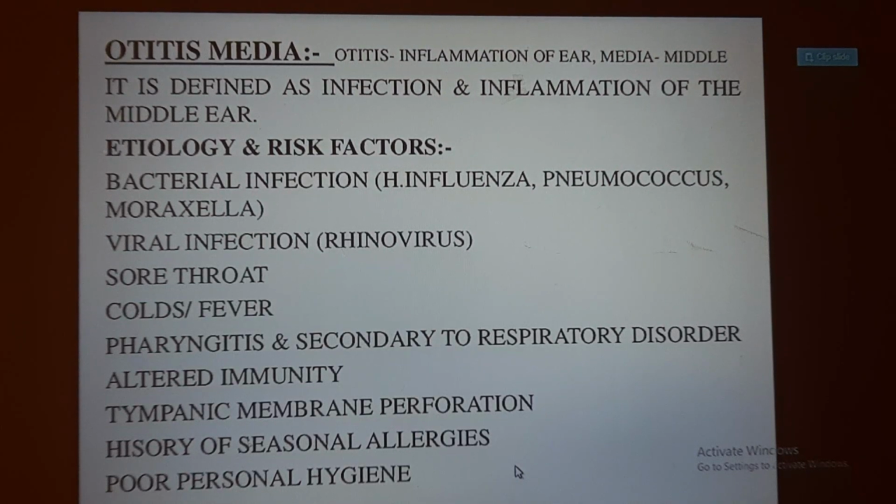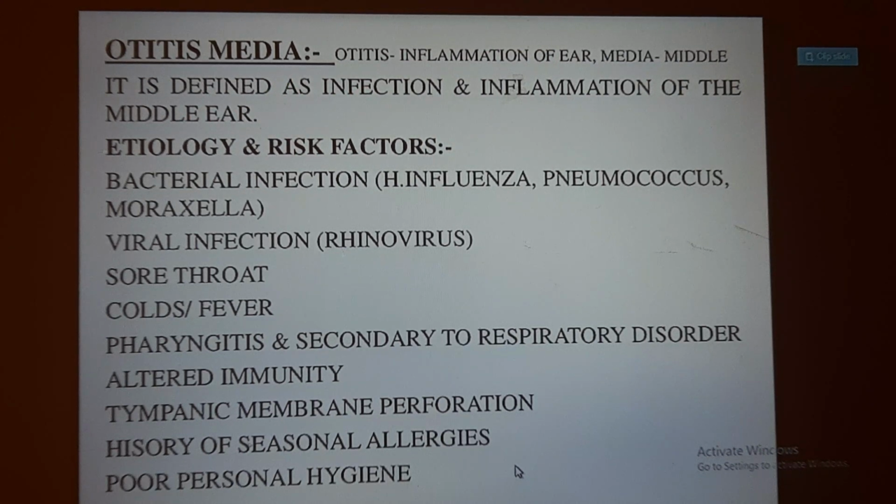Now I'll be explaining about the middle ear disease, that is otitis media. As you can see on the screen, otitis media is an inflammation of the ear, especially the middle ear. It is defined as an infection and inflammation of the middle ear.